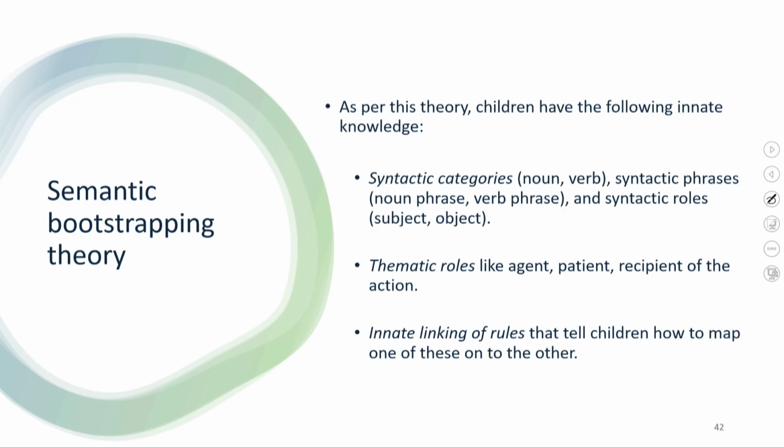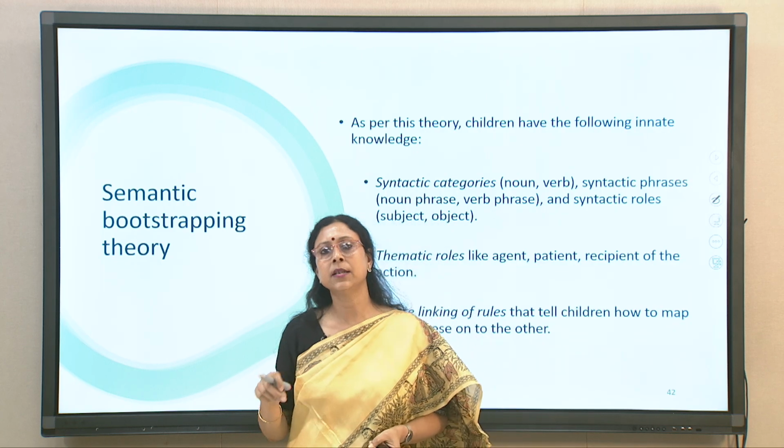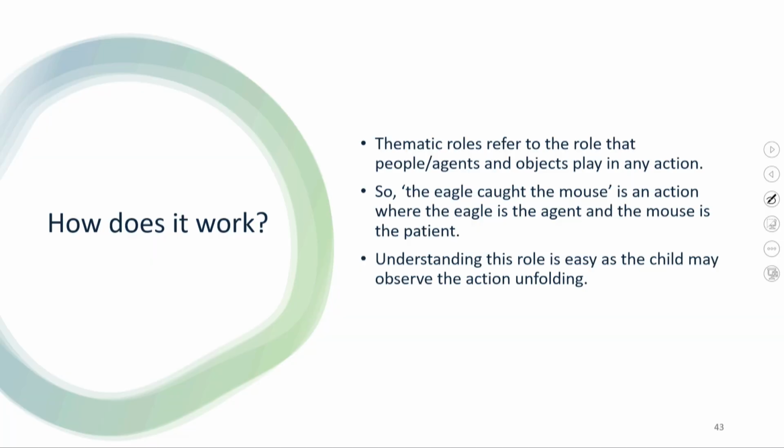Then there is another aspect to the entire bootstrapping theory, which is called innate linking. Innate linking rules tell children how to map one of these onto another, how to map the syntactic category onto the thematic role and so on. How does it work? Thematic roles refer to the role that people or agents and objects play in any action.